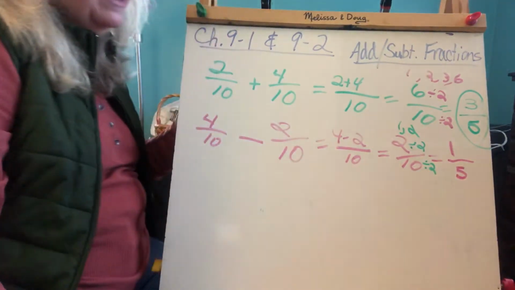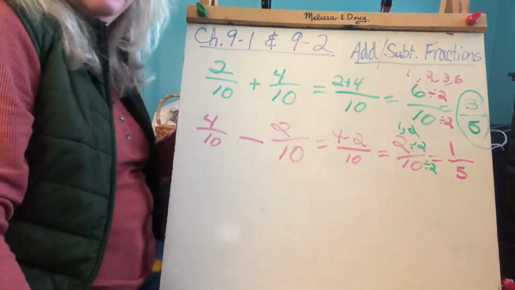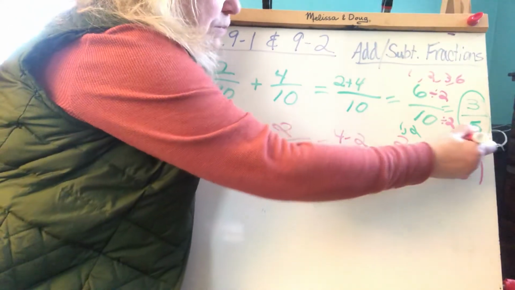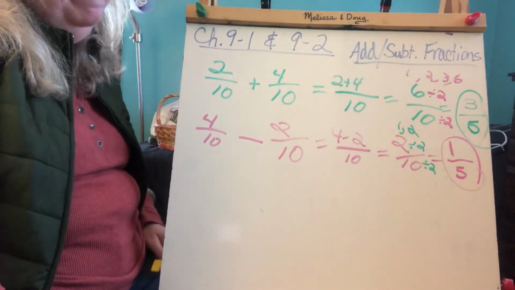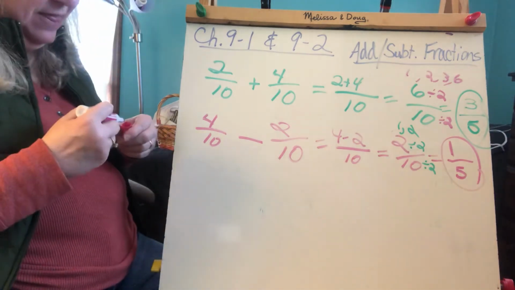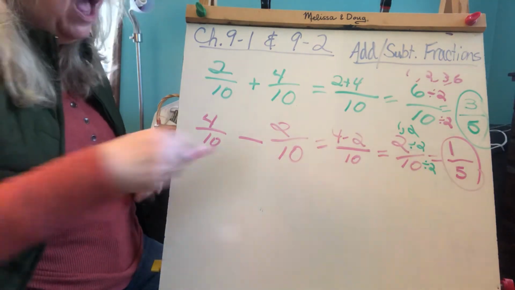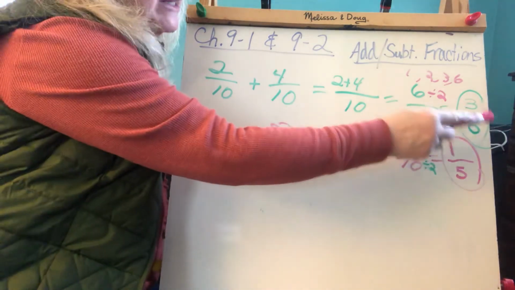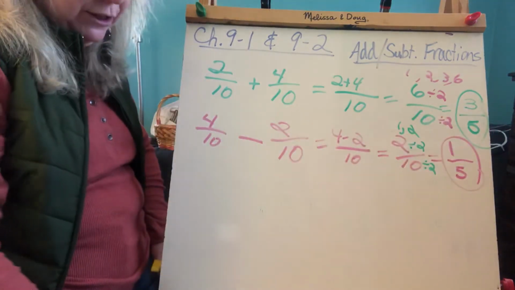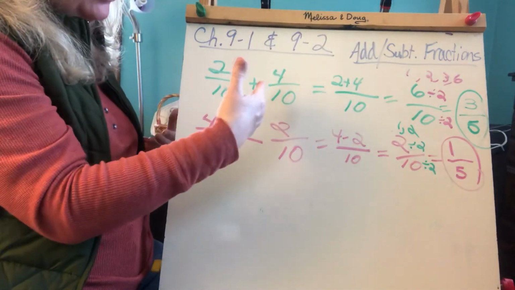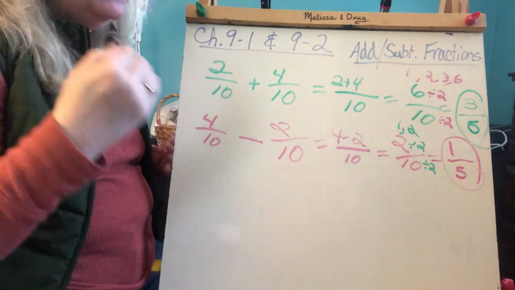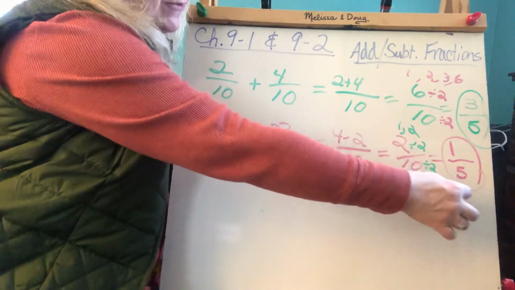And whenever you have a fraction where 1 is the numerator, then you know it's in simplest form, unless it's 1 over 1. Okay, that's it. You have to simplify your answer. Notice that I circled each of my final answers because I did some work here. So when someone looks at your work and you want them to know what your final answer is, we circle it: 3/5 and 1/5.